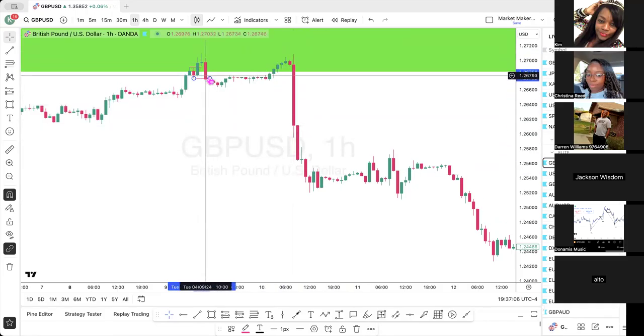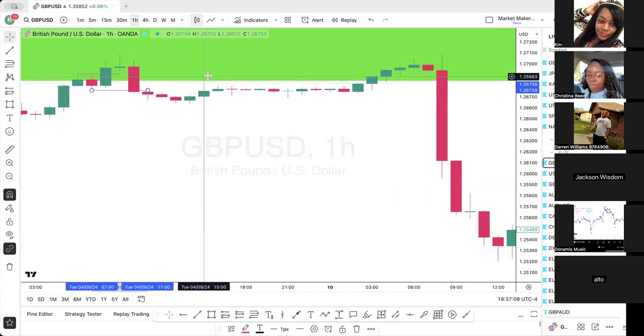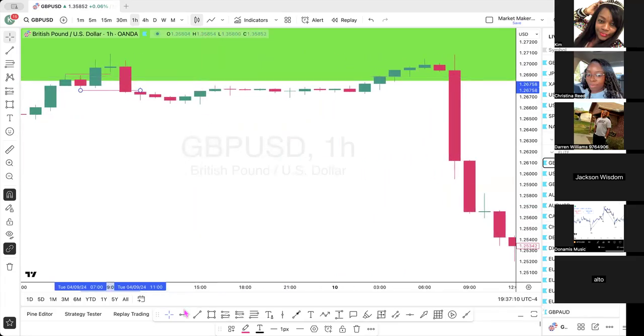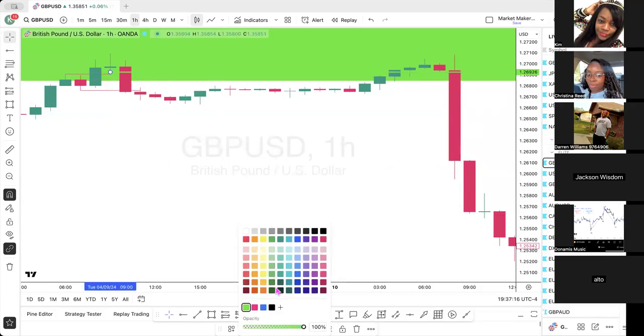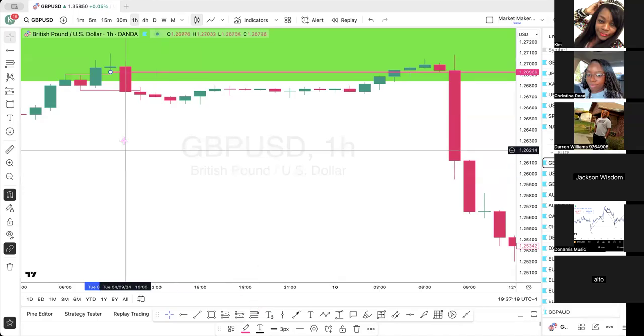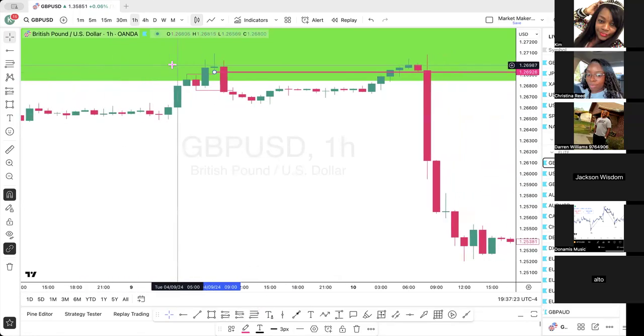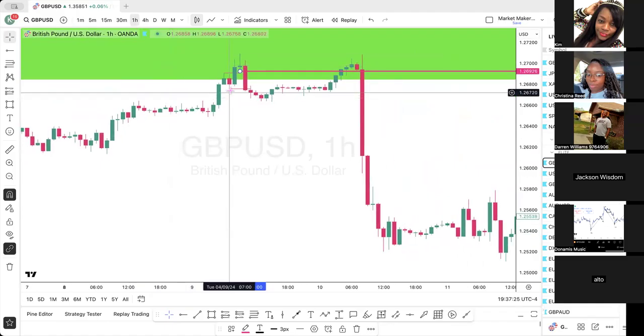So once this price broke, that would have been my supply zone, right? Order block. Yep.